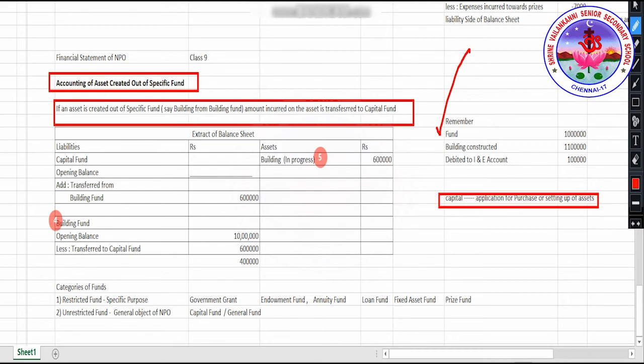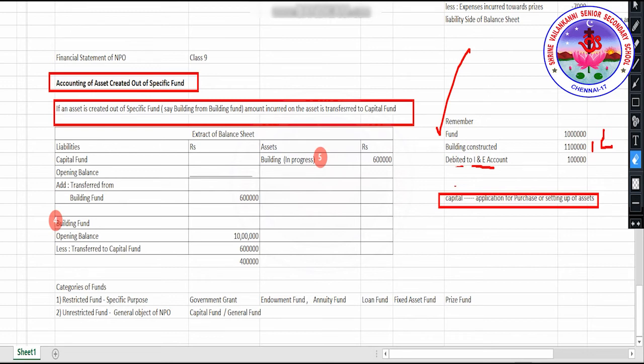Say for example, 11 lakhs have been incurred. Now there is 1 lakh extra. This 1 lakh should be transferred to the debit side of income and expenditure account, because debit side is all about expenditure. You should keep that in mind.